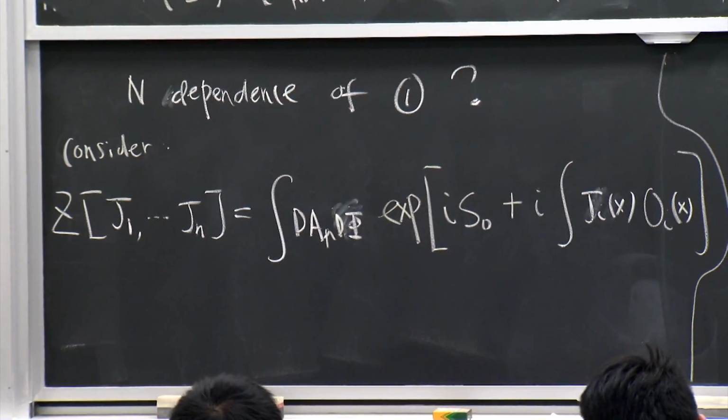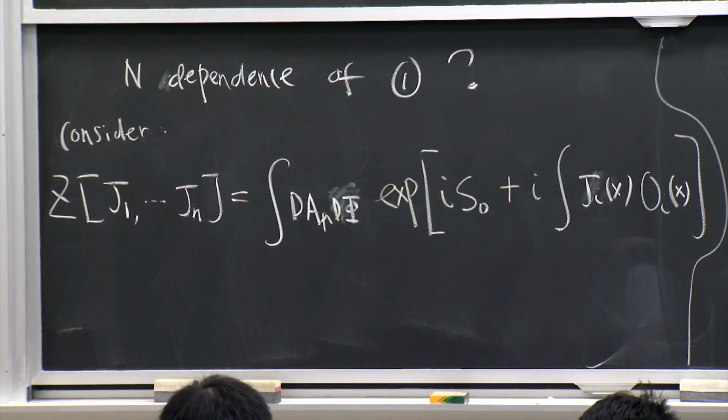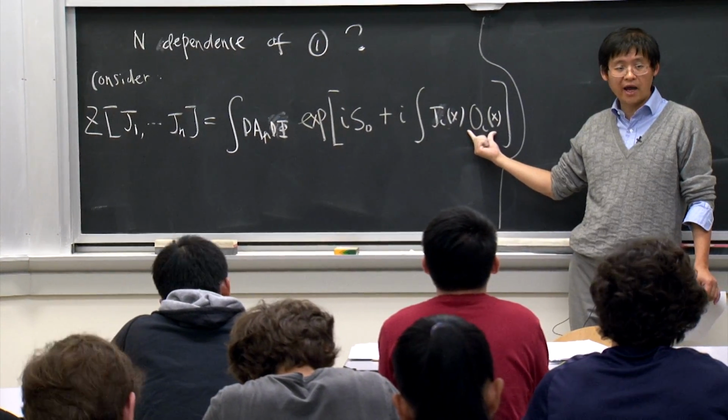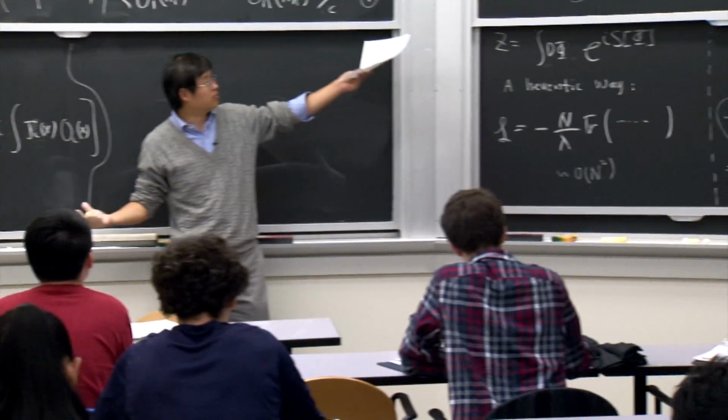Yeah, so this is a standard story. When you take a derivative over J_I, you will bring down a factor of O_I, and that essentially gives you the correlation function.